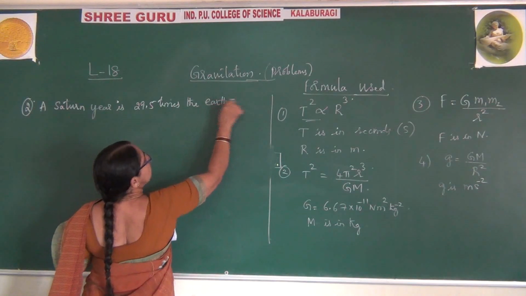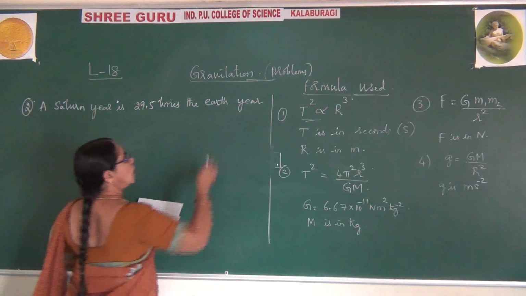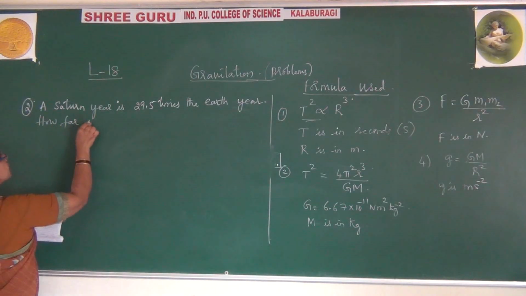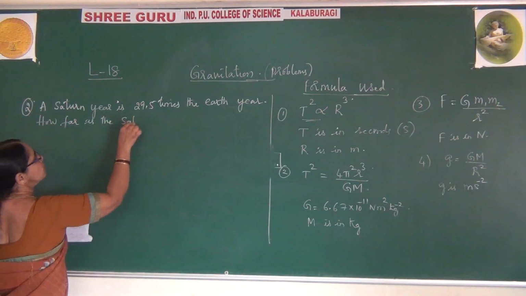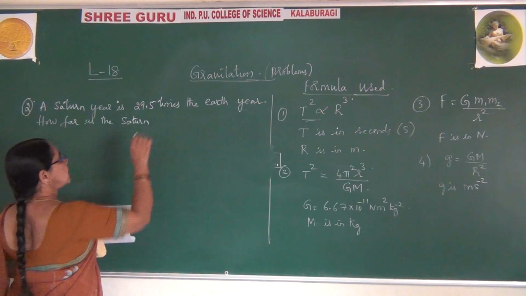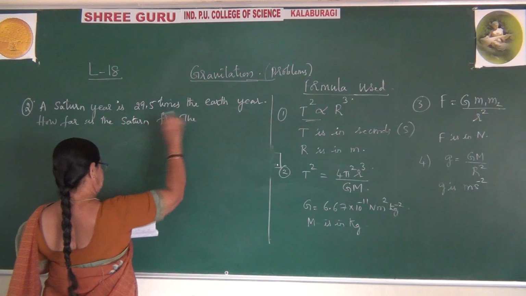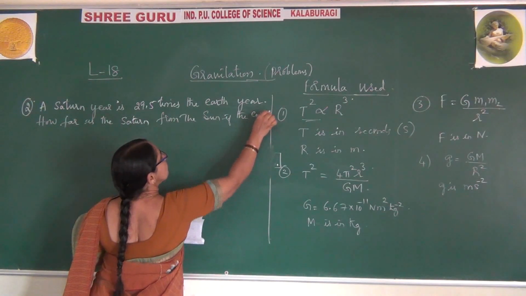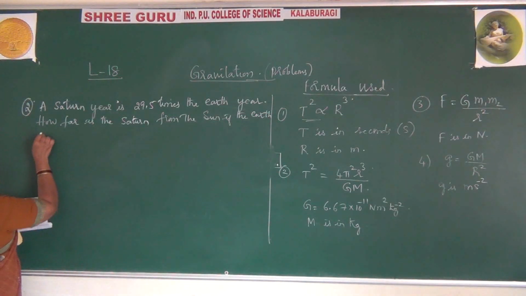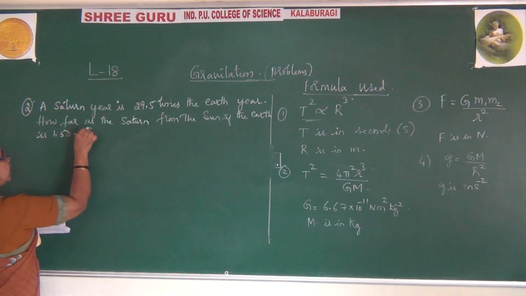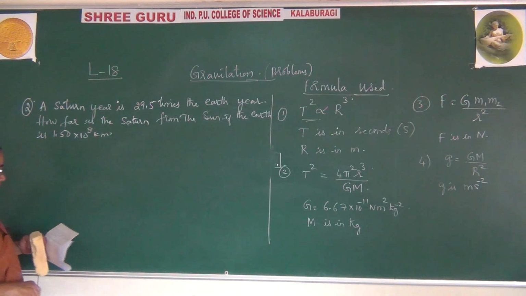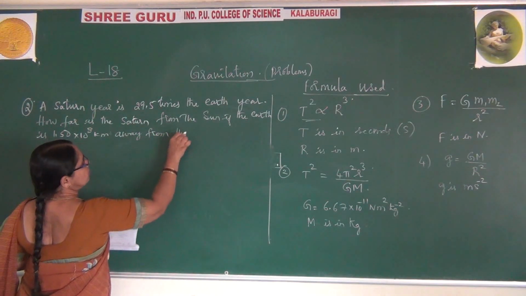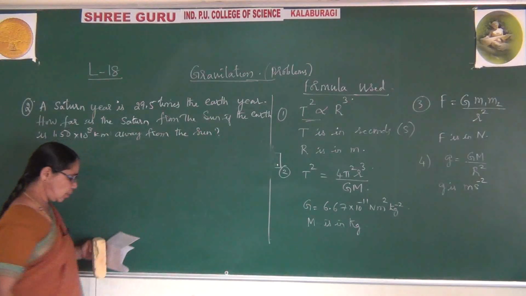The Earth, the Saturn from the sun, if the Earth is 1.50 into 10 raised to 8 kilometer away from the sun. This is the one question they have given.